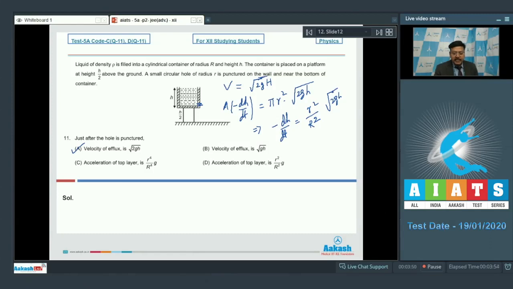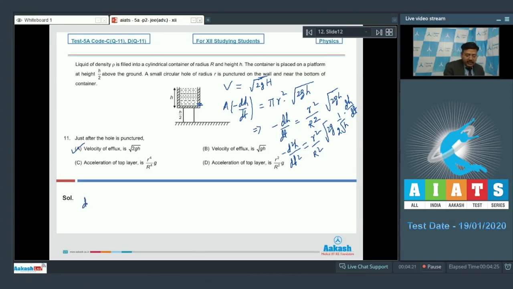Let's differentiate it again, and that gives us minus d2h by dt square. This is equal to small r square by capital R square into root 2g into d by dt of root h, which is 1 by 2 root h dh by dt. We already have the expression for dh by dt.